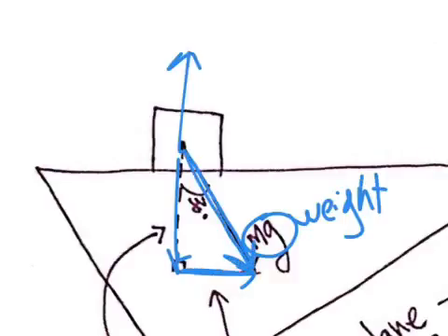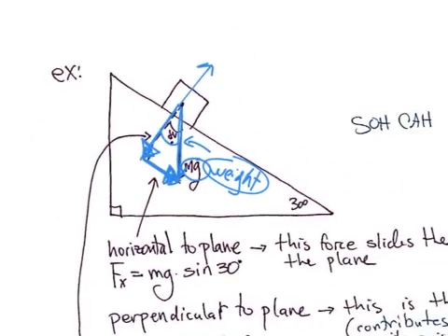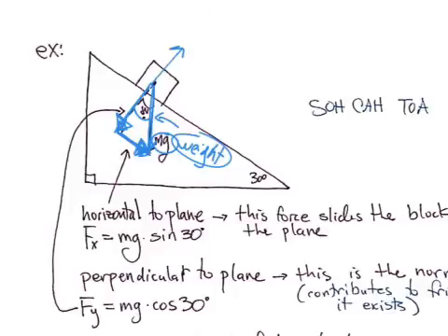And so we're interested, how much does it pull to the right and how much does it pull downward? So knowing that this is the hypotenuse of this triangle, and that is theta, or 30 degrees in this particular example, this is always the case. After going through SOHCAHTOA, horizontal to the plane, or parallel, let's write that in there.